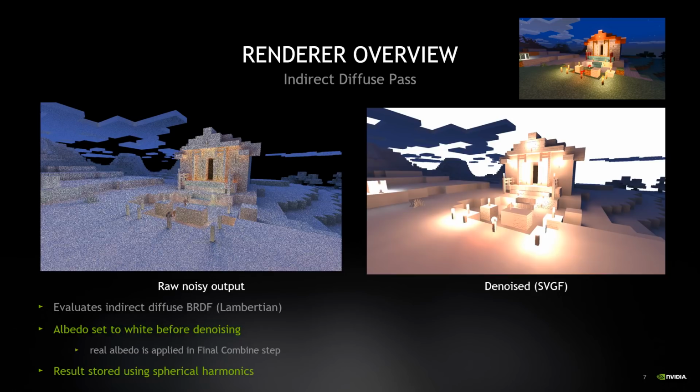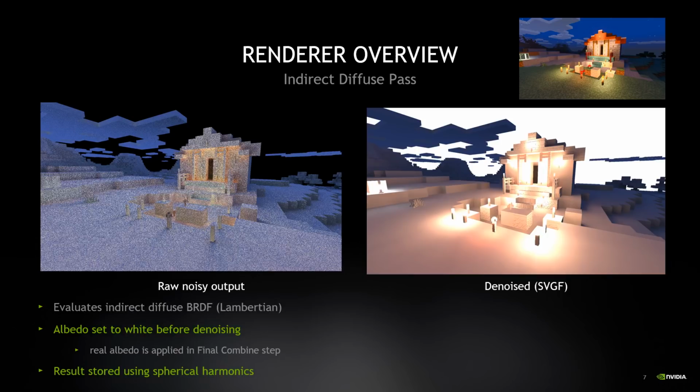For this pass, we use Lambertian BRDF, although for primary rays we use Disney diffuse BRDF. This will be explained in detail later, but just shortly, the reason is that after denoising the difference is not very apparent for secondary rays, and Lambertian is simpler to evaluate and is not view dependent, so it's a little easier to denoise.